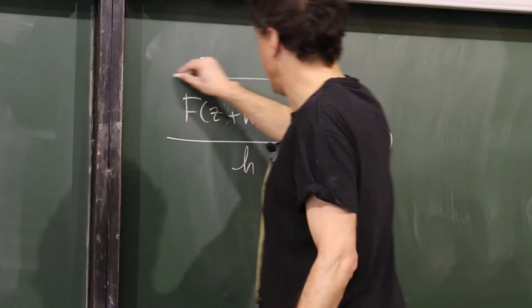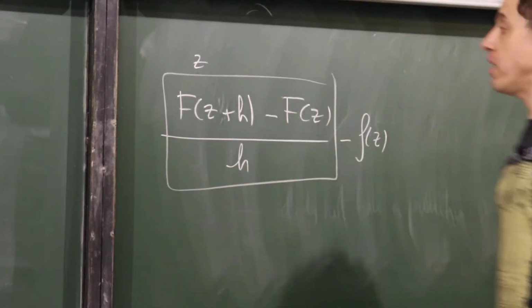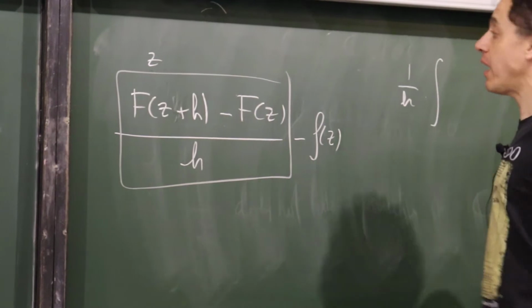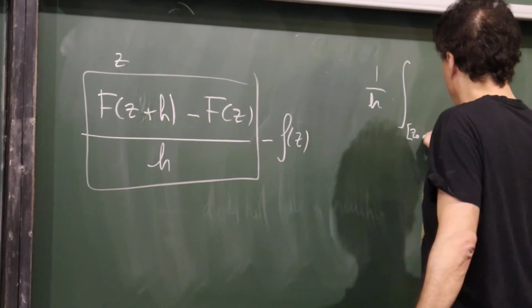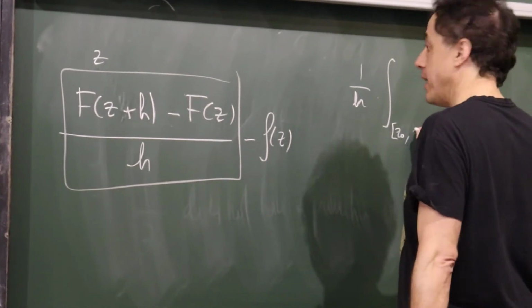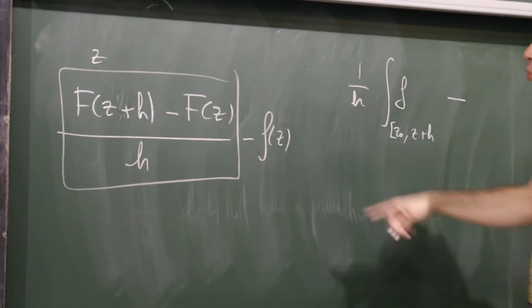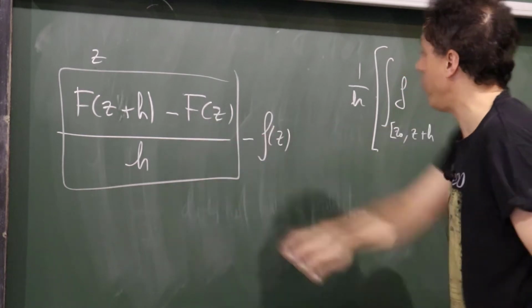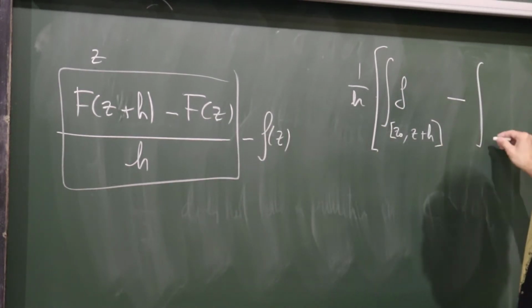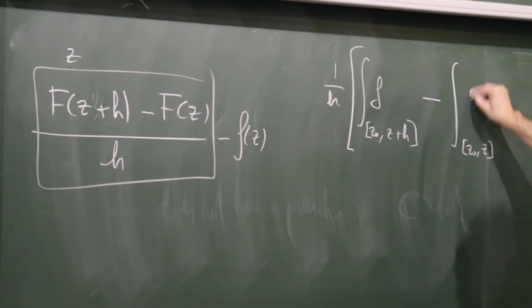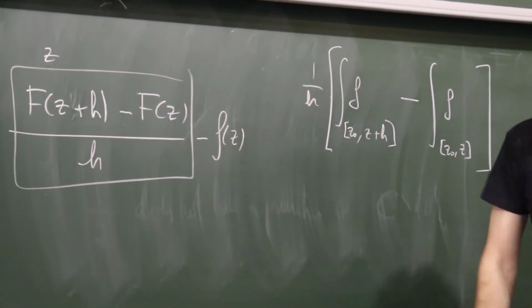But what is that? Here, this is 1 over h times the integral from z0 to z plus h, minus the integral from z0 to z of the same function f.